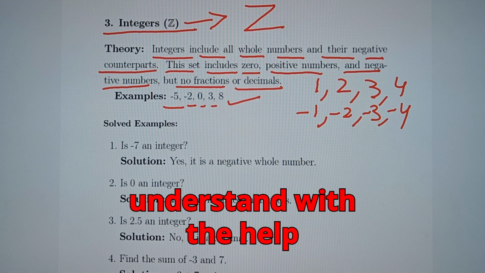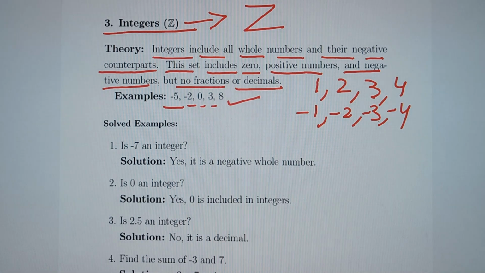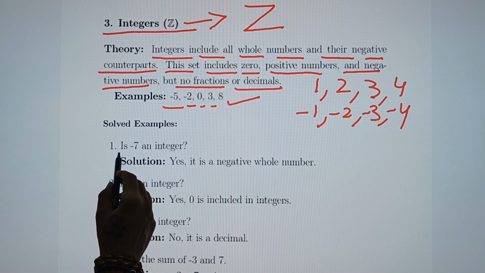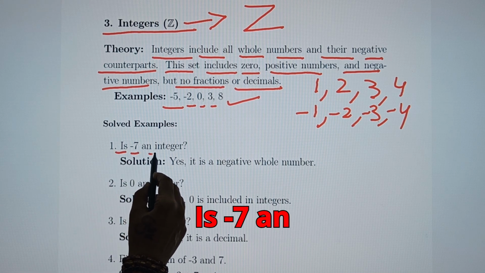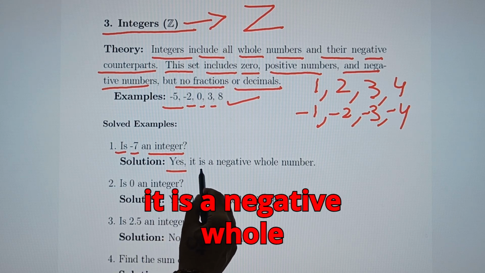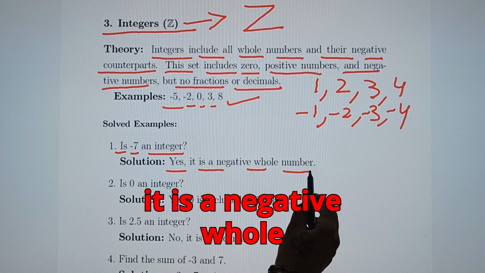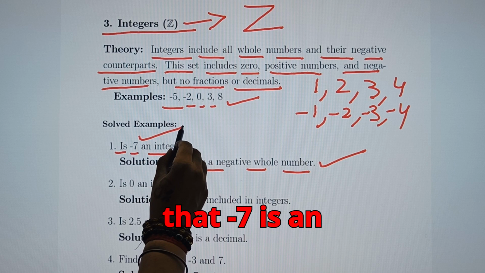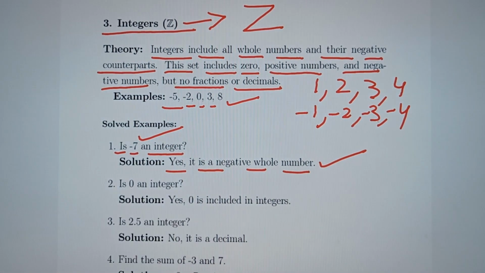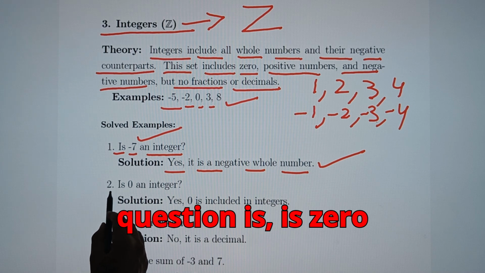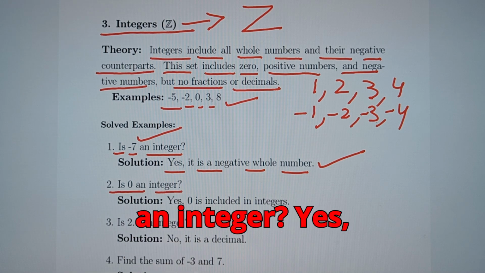Now let's understand with the help of some examples. First example: is -7 an integer? Yes, it is a negative whole number. Hence we can say that -7 is an integer. Next question: is 0 an integer?